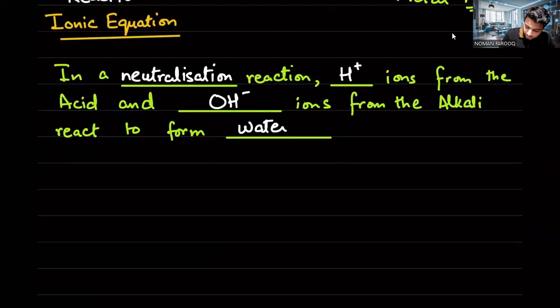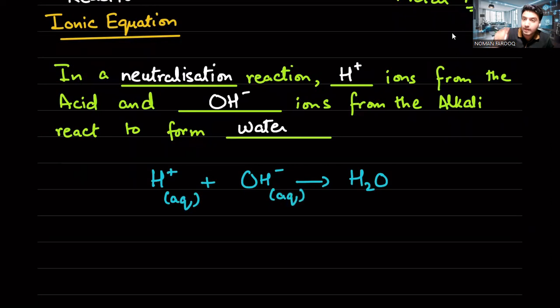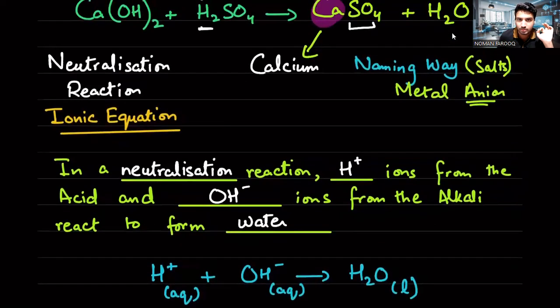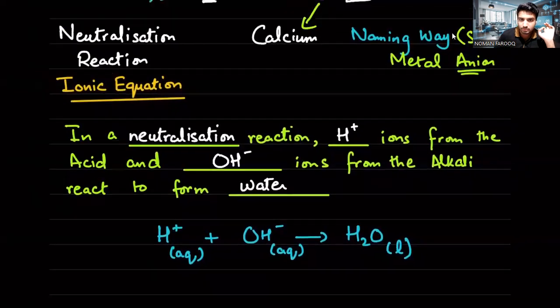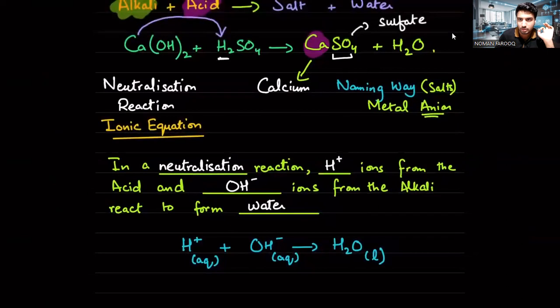So it would be H positive ion from the acid, OH negative ion from the alkali, they both combine together and produce water. Ions are always in the aqueous state, and this makes a liquid. So this is the ionic equation for any neutralization reaction which we need to memorize. It might be asked in exam. All right, please note it down.